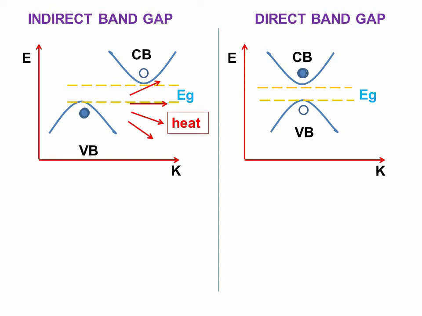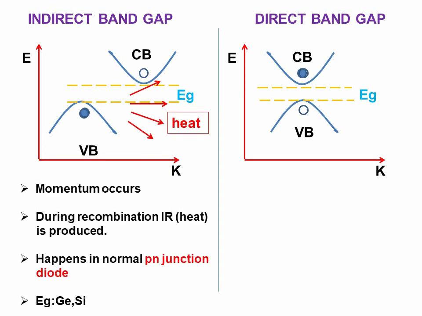Finally, it generates heat. So, it happens in an ordinary p-n junction diode. The examples of indirect band gap materials are germanium and silicon. Now, just look at the direct band gap energy diagram.